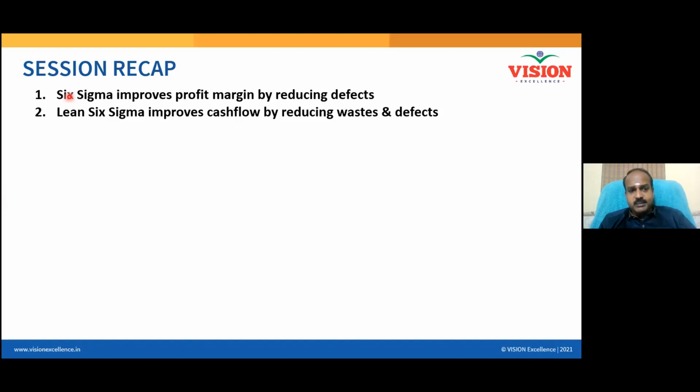When I say lean, my focus is only waste elimination. Inefficiency is waste, ineffectiveness is defect. When I combine lean and Six Sigma, my focus is on both. My focus is on waste as well as defect. It will not only improve the profit, it will also reduce the operational cost. As a result, cash flow will improve, right?